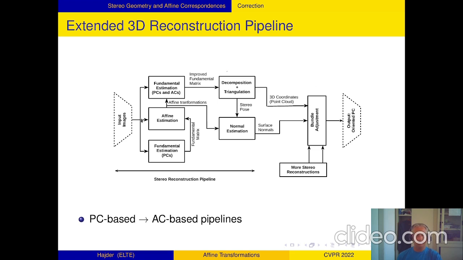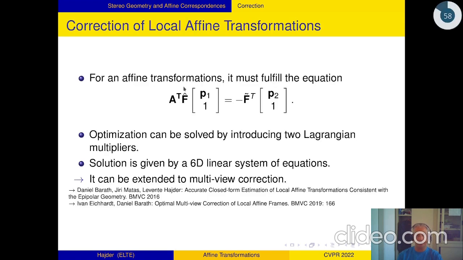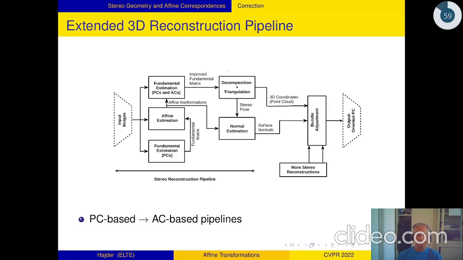In the pipeline, the first task is to compute the fundamental matrix using point correspondences. Then the affine transformation can be retrieved, and the correction algorithm can also be used, so the affine estimation will be more accurate. Then the fundamental matrix should be recomputed using both point and affine correspondences.